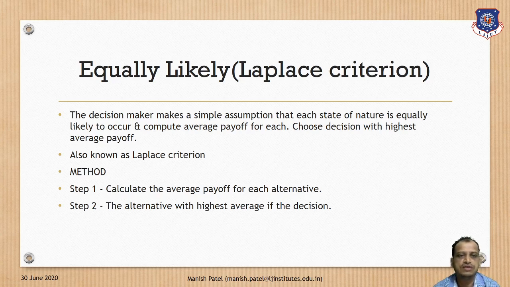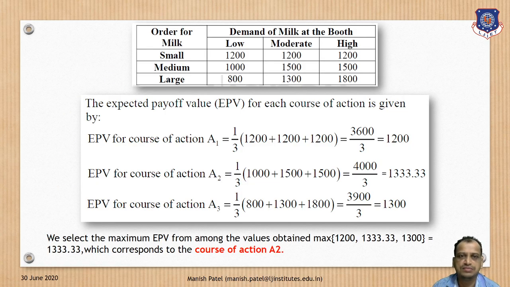Each state of nature has equal probability, meaning you take the average. In this method, step 1, you find the average payoff of each alternative. Then, out of all the alternatives' averages, you choose the highest average for the decision. Let's see an example.